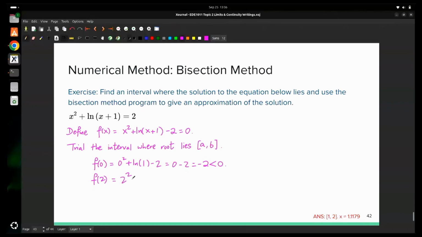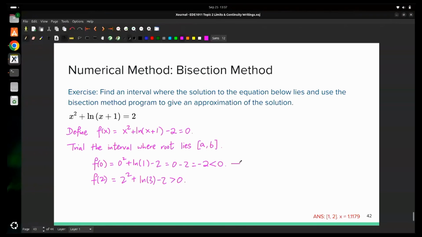This is 2 squared plus ln 3 minus 2. You can see this is 4, then ln 3 is positive also. So 4 minus 2 is definitely positive. I need not know the exact number, but I know for sure that this is more than 0, because 4 minus 2 is already 2, which is positive, and ln 3 is also positive. Which means that I found the interval whereby you have a change of polarity.